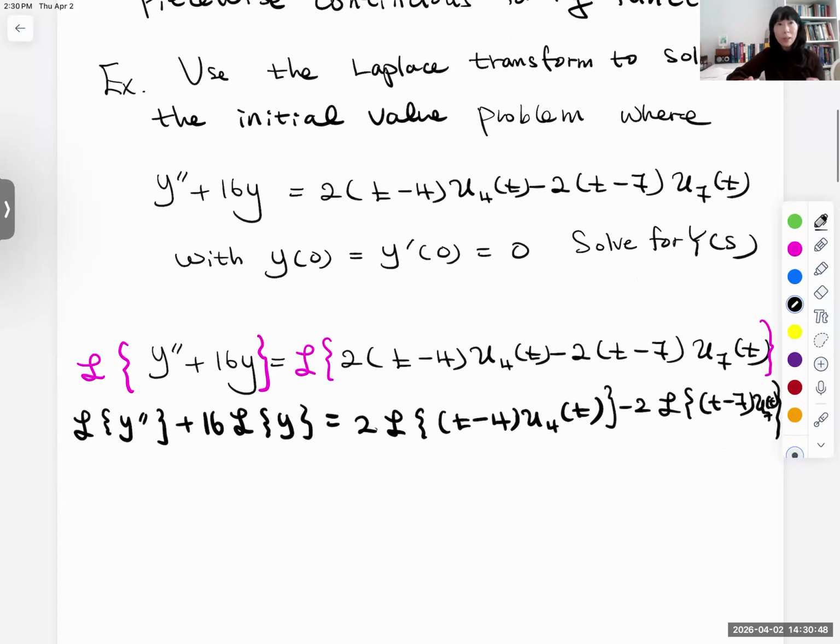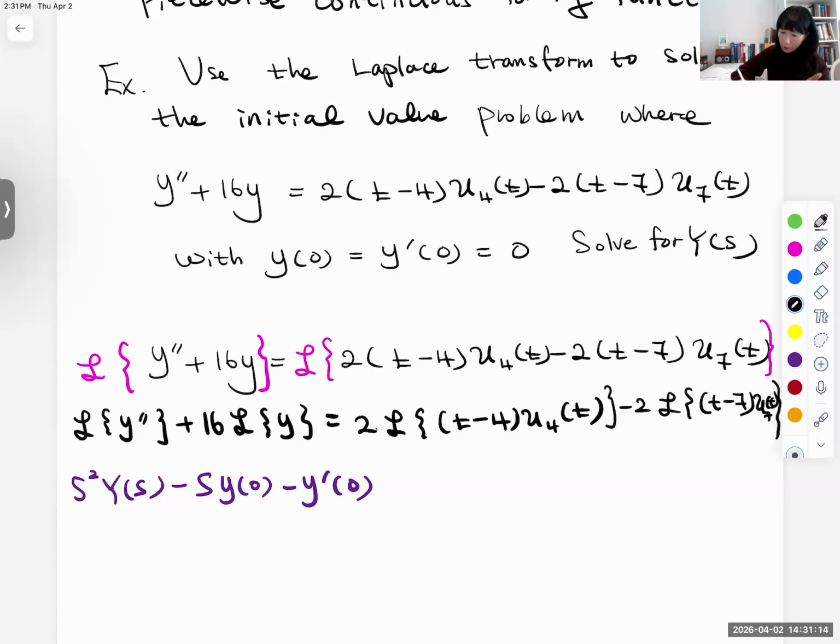So the Laplace of y double prime, we know that will be s squared Y of s minus s y of 0 minus y prime of 0.